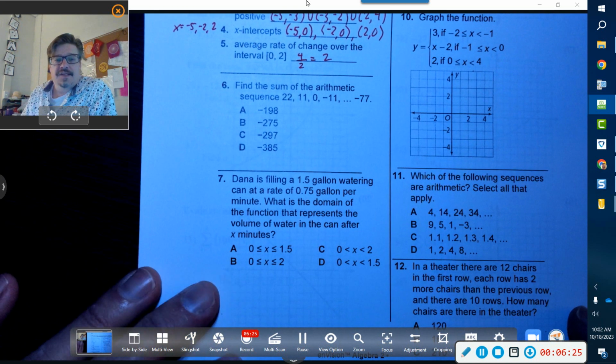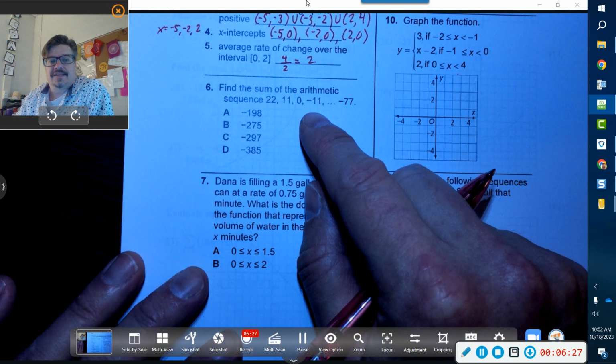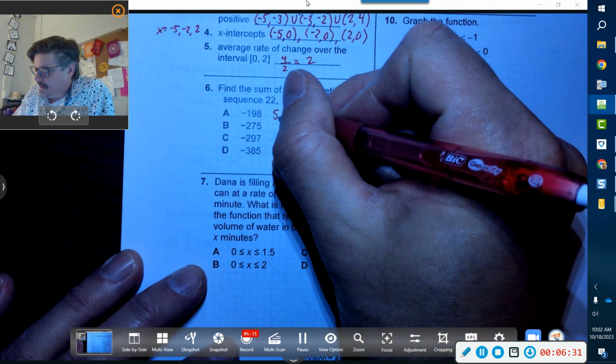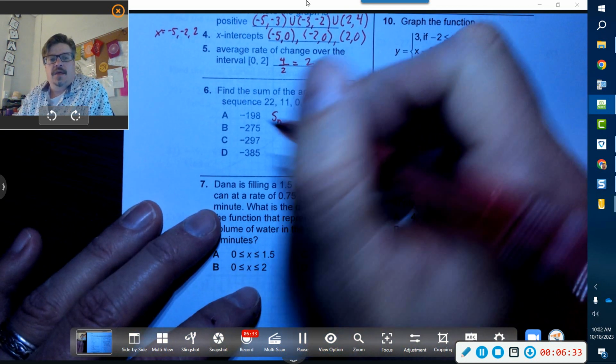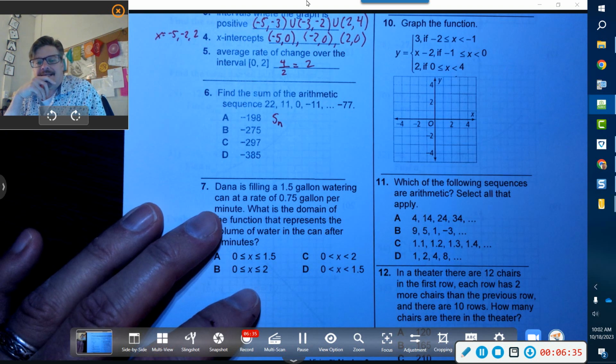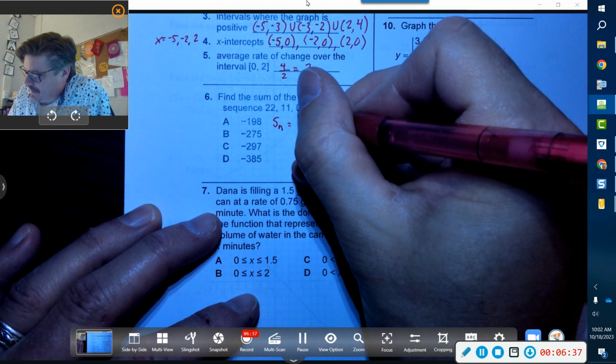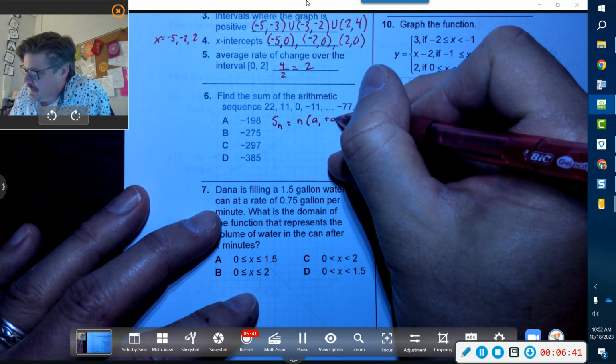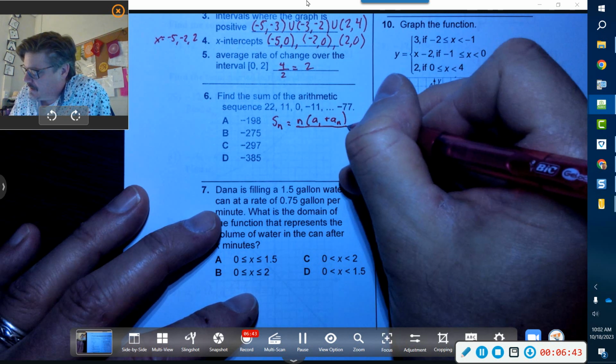All right. Next, find the sum of this right here. So let's see. To find the sum, I'm going to need this formula right here. The problem is that I need an n, I need an a sub 1, I need my last term, and then I need to divide all that by 2.